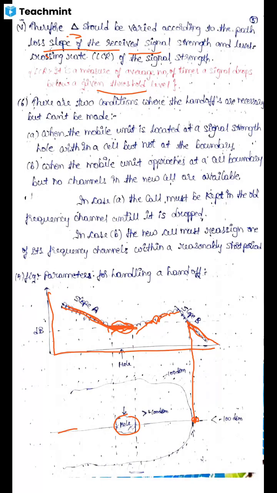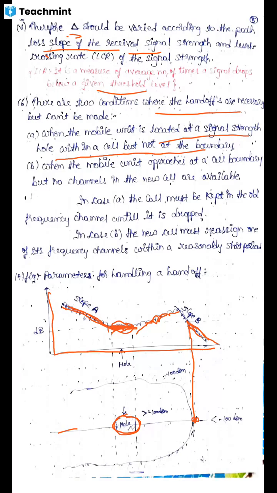Finally, the conclusion is that there are two conditions where handoffs are necessary but can't be made. One is the hole area, where the mobile unit is located at a signal strength hole within a cell but not at the boundary.